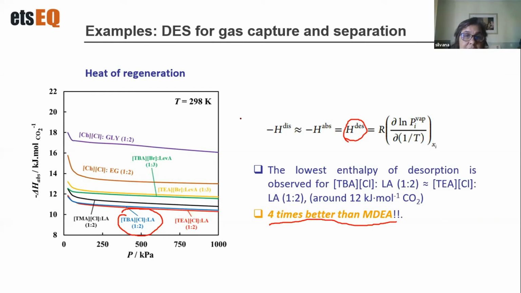Okay. Is it the pressure of CO2 in the mix? Yes. I was thinking about the pure vapor pressure, and it was something strange for me.